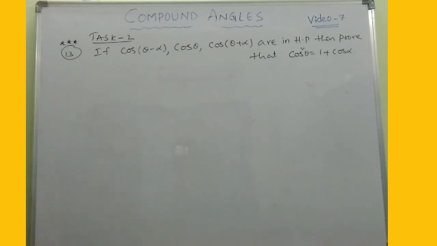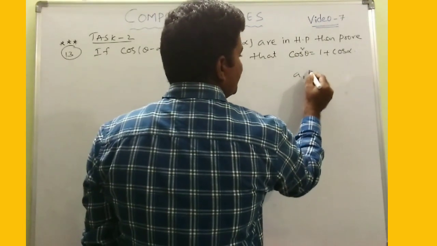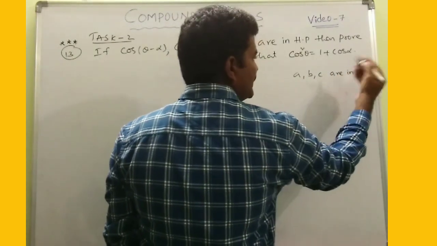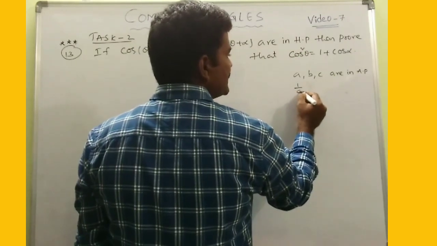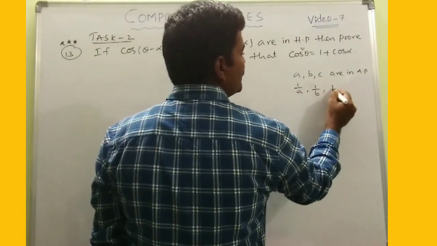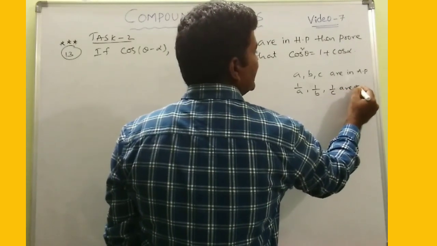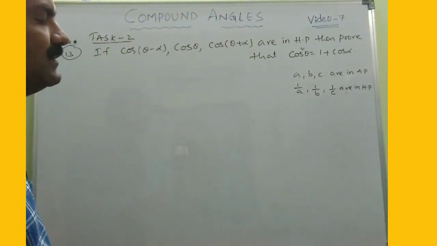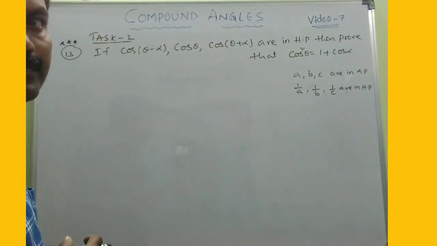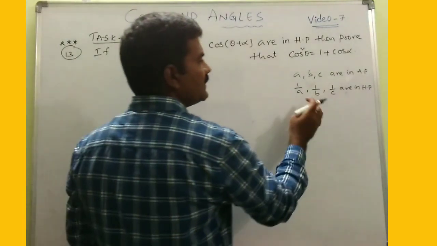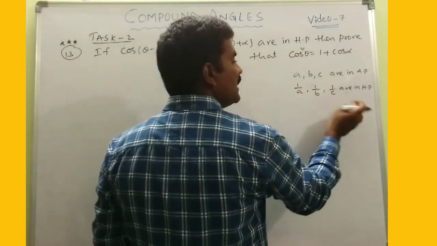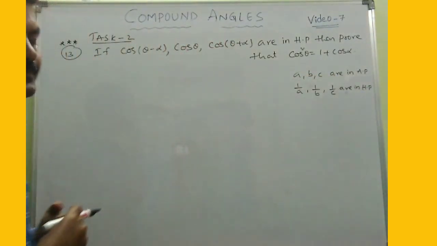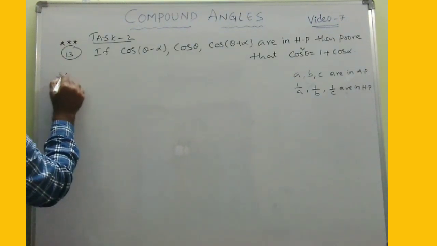Suppose A, B, C are in AP, then their reciprocals 1 by A, 1 by B, 1 by C are in HP. And if 1 by A, 1 by B, 1 by C are in AP, then A, B, C are in HP. This is the point you need to remember.